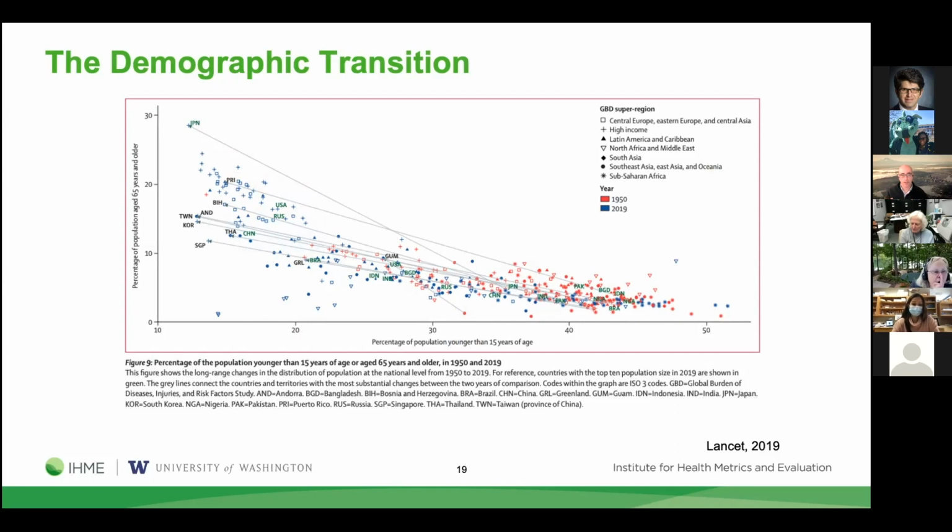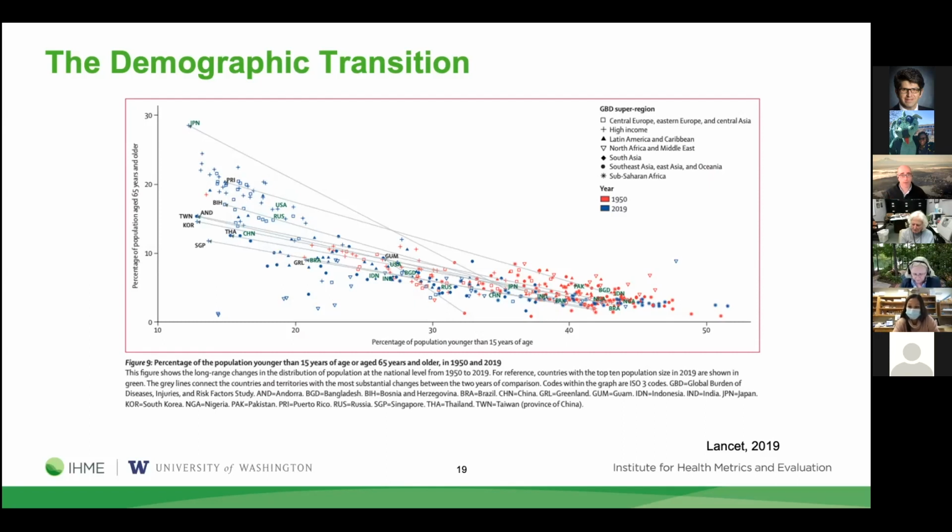So this is the story of where people are aging in the world and how it varies by location. On the x-axis, you can see countries plotted by the percentage of population younger than 15 years of age in that location. And on the y-axis, the percentage of the population that is over the age of 65. All of the red dots are 1950, and all of the blue dots are 2019.